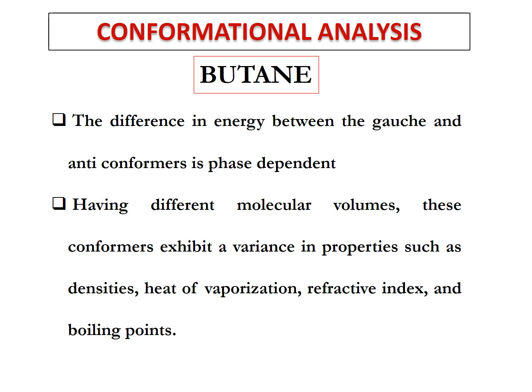And because of the different molecular volumes of these different conformations, they exhibit variation in their properties, such as the densities, the heat of vaporization, the refractive index, and even the boiling points are different for these different conformers of butane, only because of the difference in their molecular volumes.